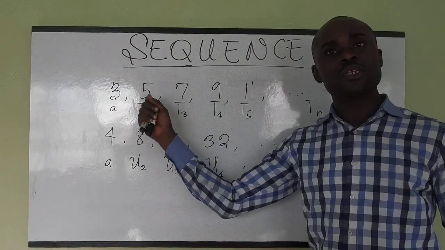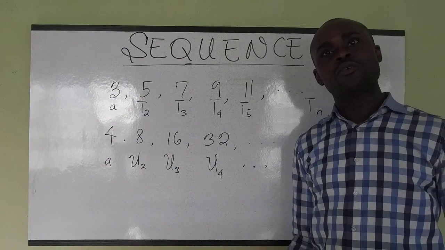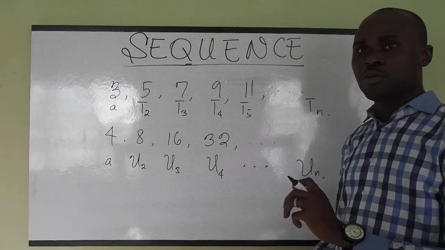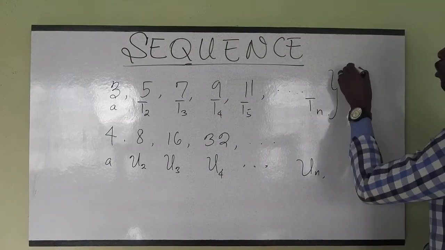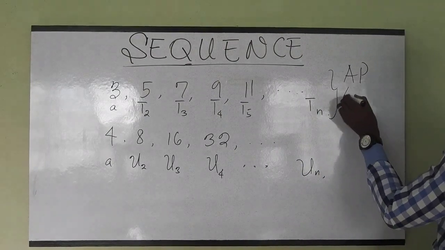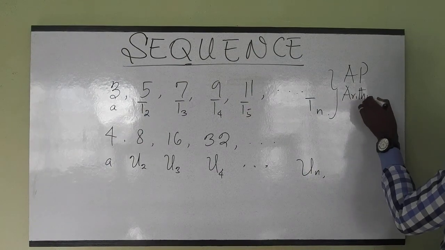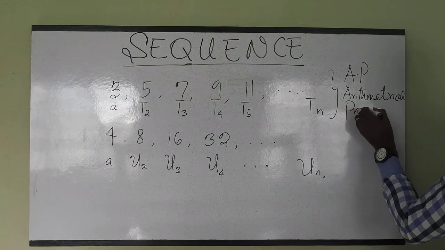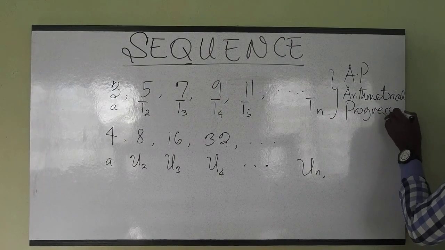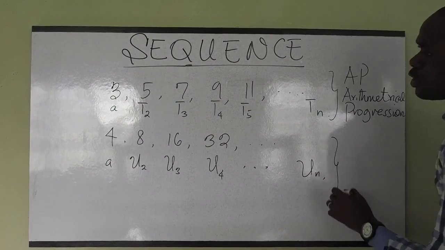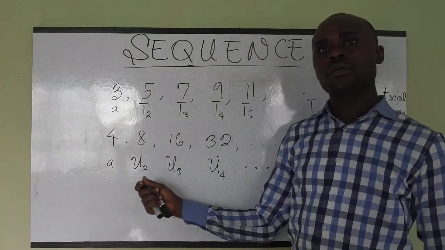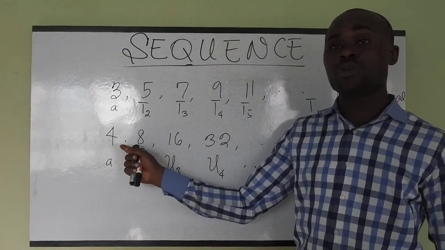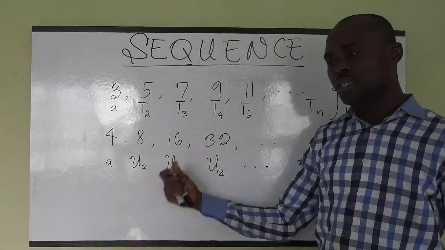So a sequence of this nature, where we add a particular number, which we call the constant term, to get the new number, is what we call an AP, an arithmetical progression. While in this one, we have to multiply a particular term by a constant term to get the new term.